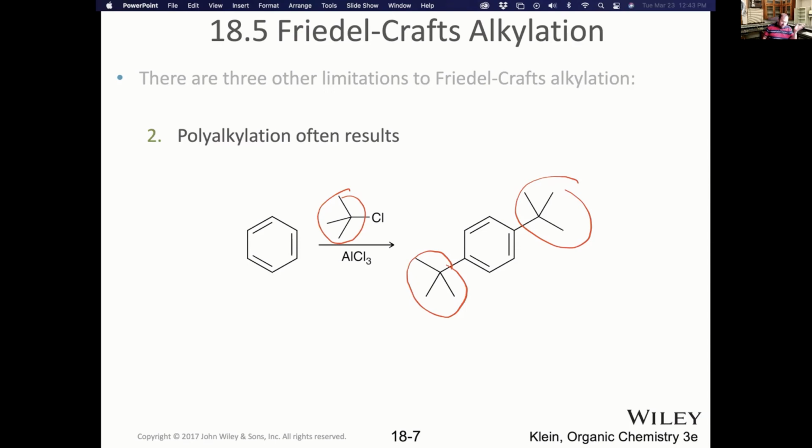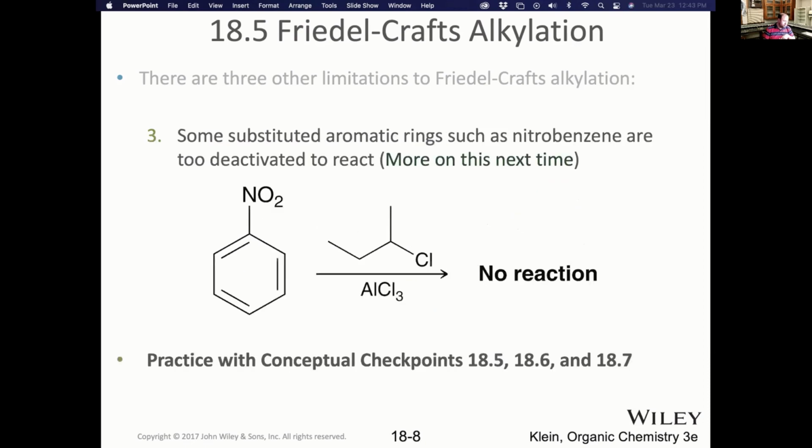What you assume is that the polyalkylation is a minor product, because you will find mostly the monoalkylation product will form. And so we still can use it as a synthetic tool. But it is true that some of your mono-substituted product will be lost to becoming either di or tri-substituted. So you do have to watch out for that.